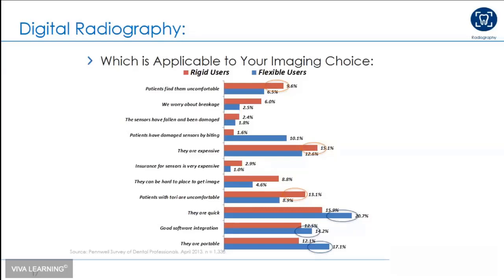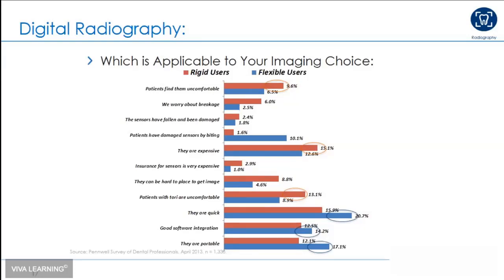And I think they are very much in favor when it comes to treating patients with tori. As you see moving down, patients with tori are uncomfortable almost 50% more of the time than using a flexible sensor. These are very, very quick to use.